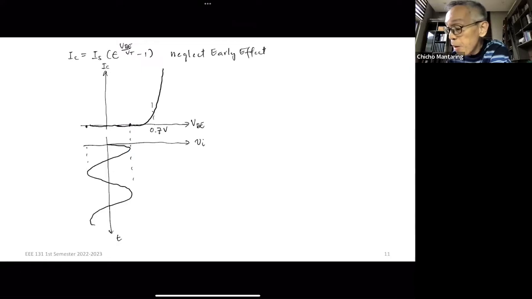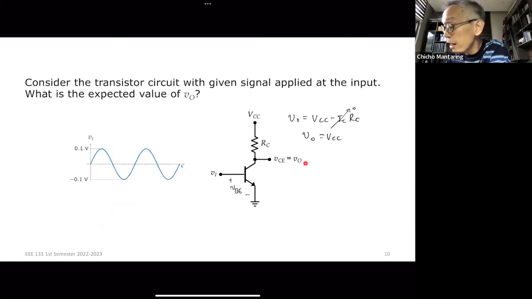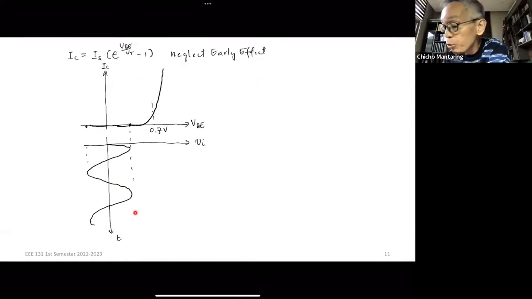Okay. Now, my problem is, I want this signal to make my collector current change so that I would have an output voltage that is also changing. What do I have to do to this signal para magbago yung collector current ko?